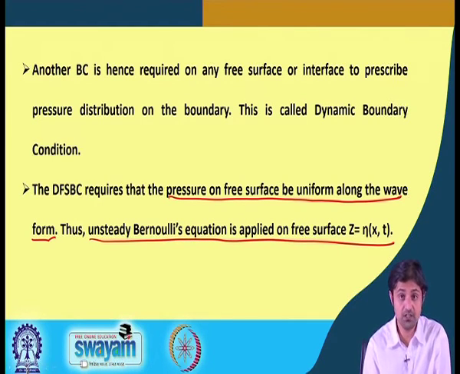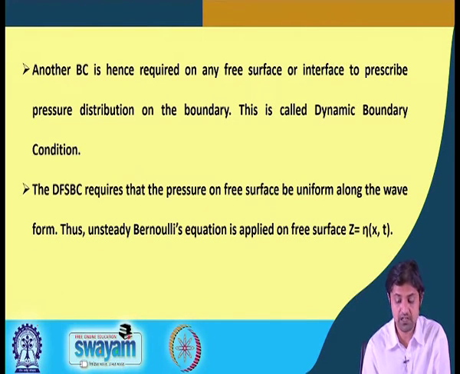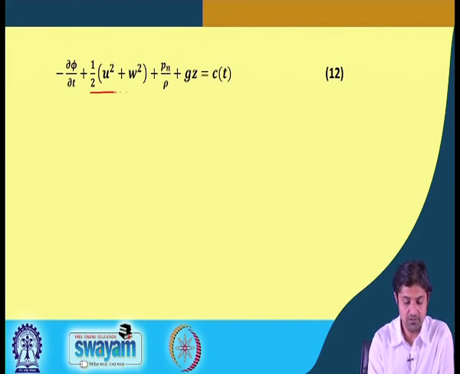So, we have seen the Bernoulli's equation. For this we are going to use unsteady Bernoulli's equation. Unsteady means there is going to be another term with del t. So, you remember this was a typical Bernoulli's equation.